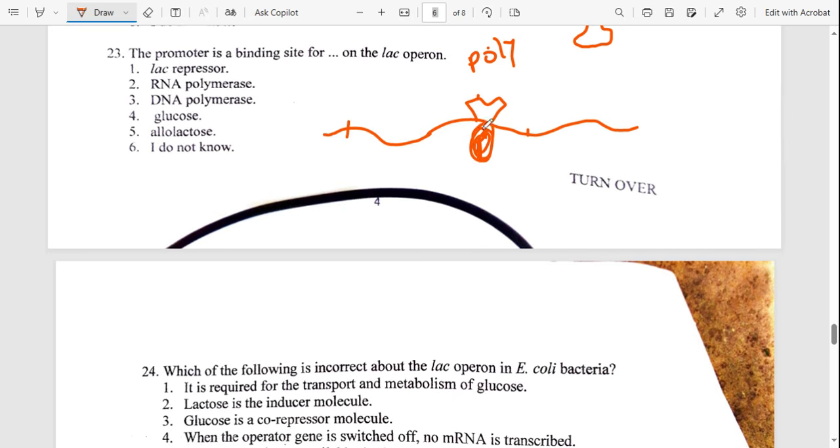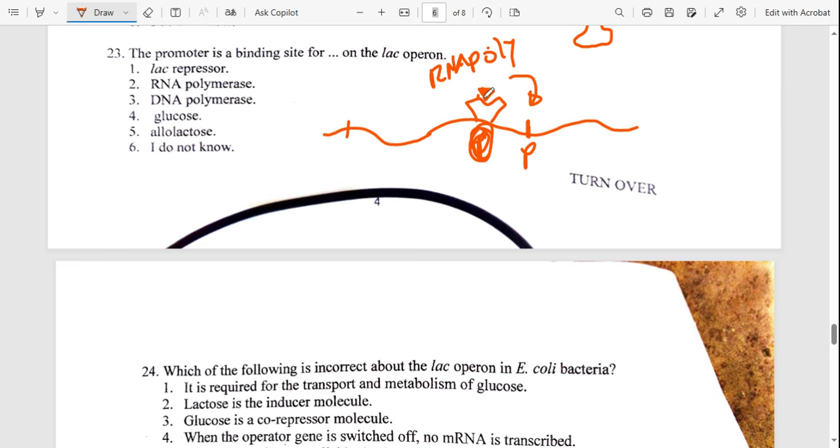Let me put this as the operator, and then the promoter is in front. So polymerase comes to attach here. Not DNA polymerase, but RNA polymerase, because here we form RNA so that we can form proteins at the end. Now the operator will bind what we call the repressor.